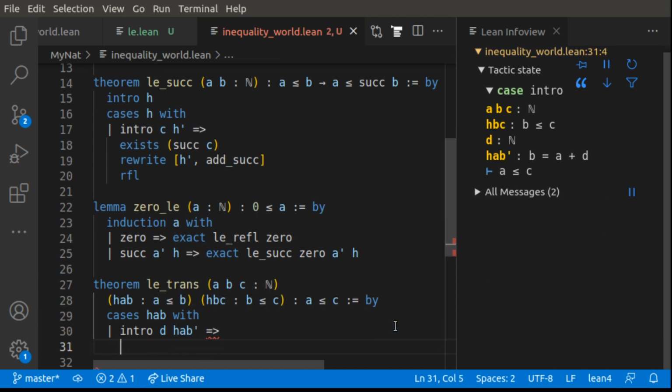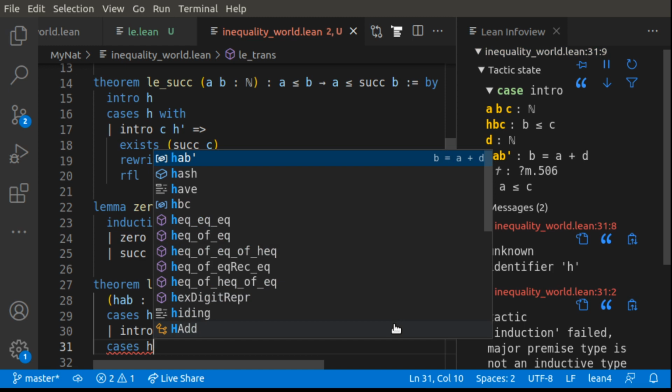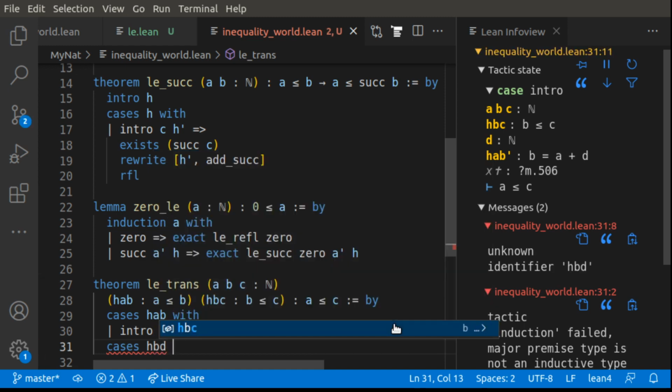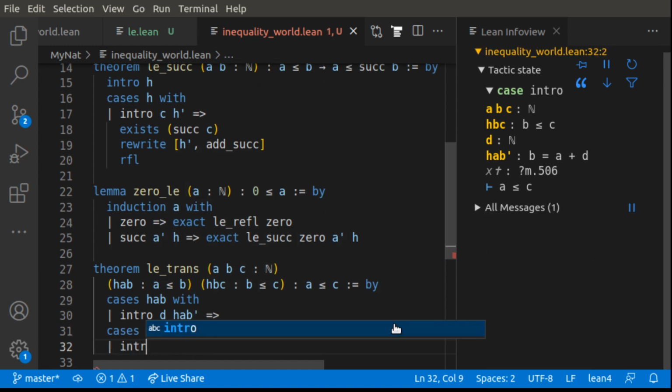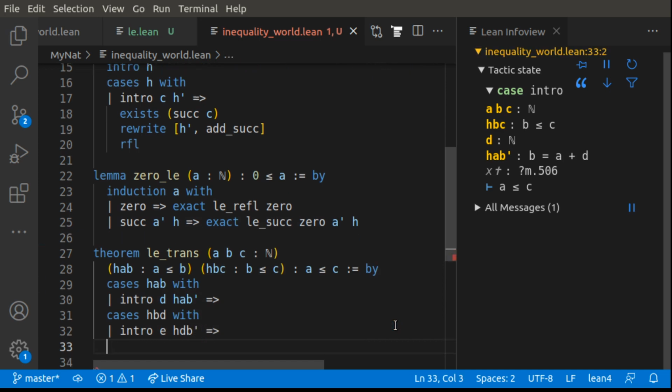What does that give access to? Okay. So B equals A plus D. Now let's also do another cases HBC with intro ABCDE HBD prime into, okay.